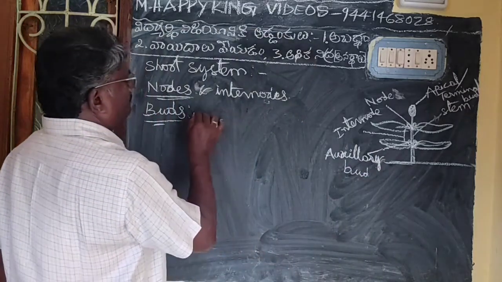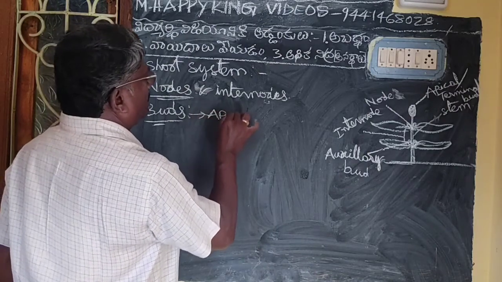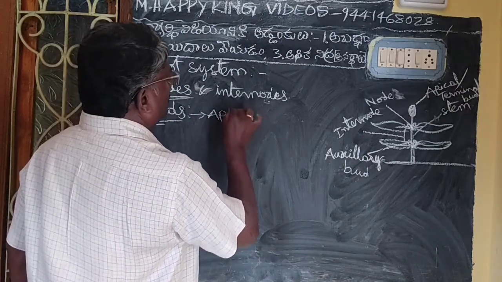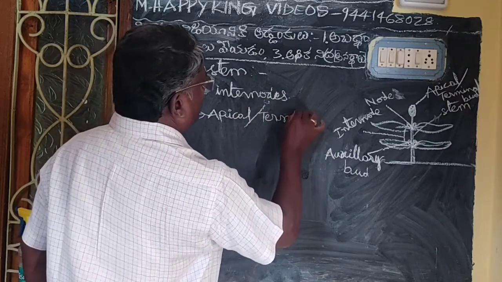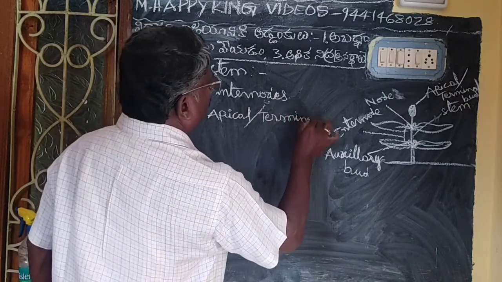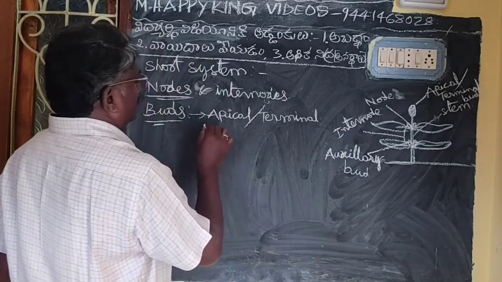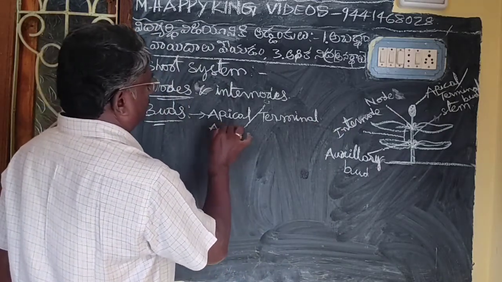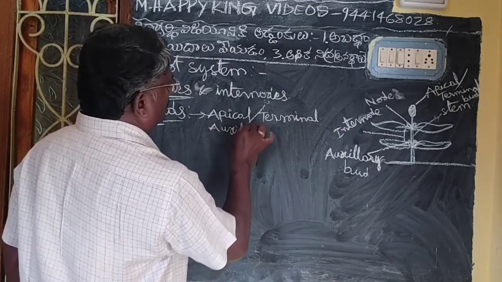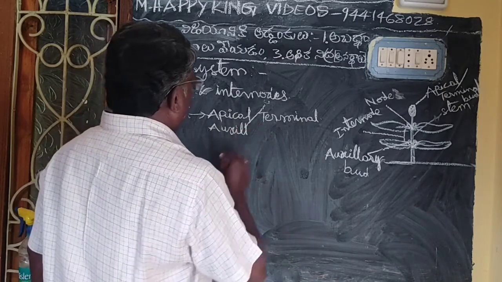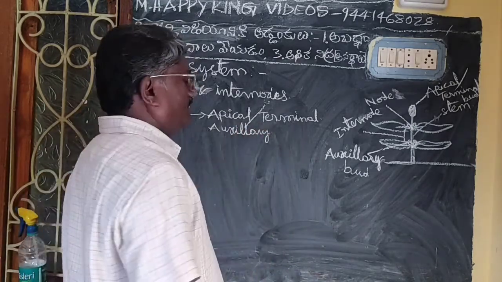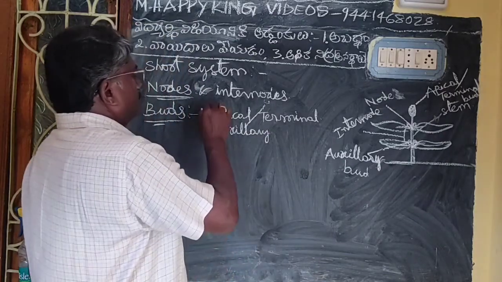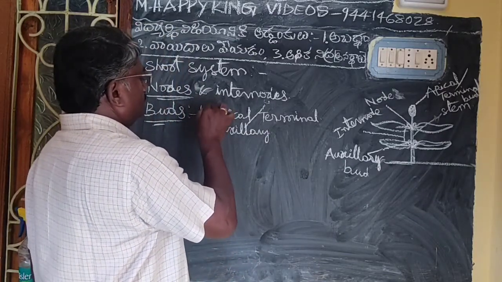So buds are two types, apical or terminal, and axillary buds.